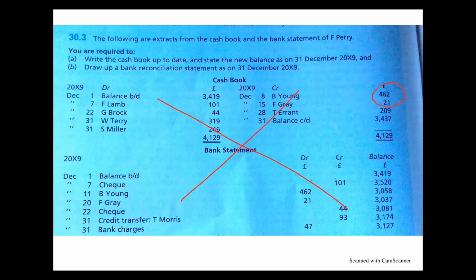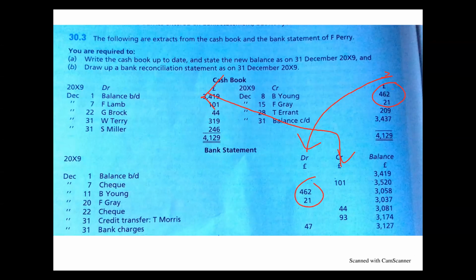Yes, we are. 642. Maybe I should draw like this. This debit side with this one, this credit side with this one. It's the same thing that I'm talking about. So 62 on the bank statement, the first 62 is also there. Even here it is there.